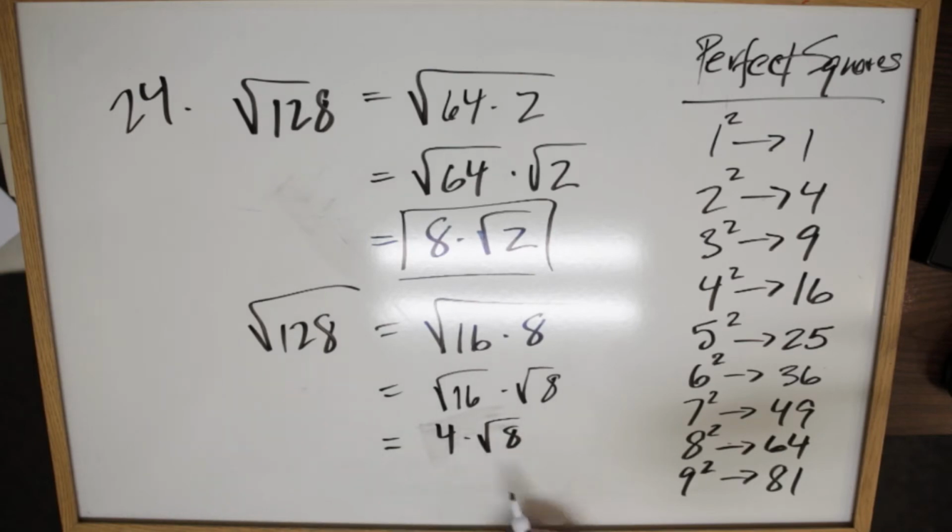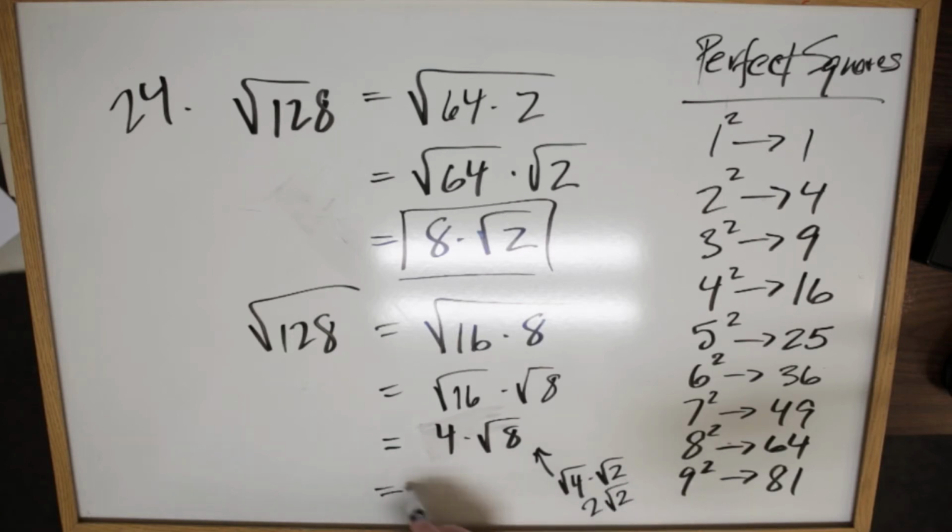Now, here's the thing. When you get to this point here, square root of 8 actually, you can break it down even further. There's more perfect squares that sit inside that 8. So this right here is the same as square root 4 times square root 2, okay? Which is 2 square root 2.